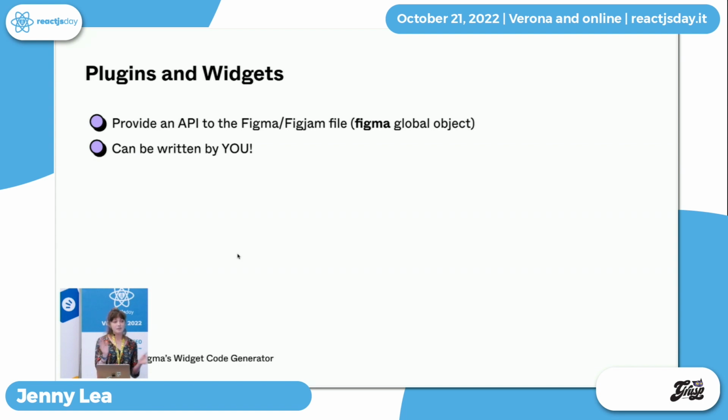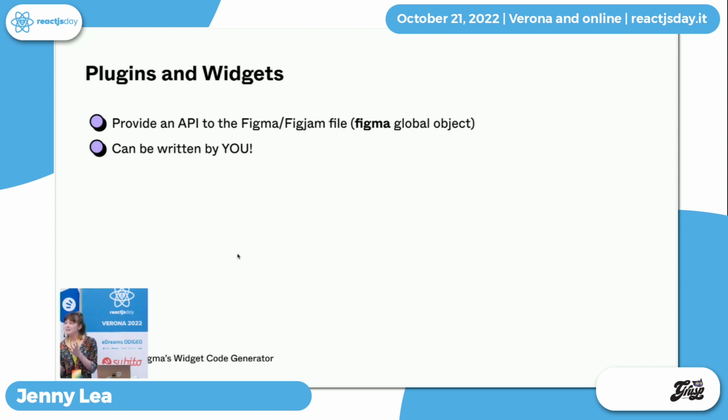So they both have different use cases, but there's some stuff that they have in common, which is that they both provide an API to the Figma or FigJam file using the Figma global object, which is provided at runtime, and we'll see an example of that in a moment. Basically anything you can do with the GUI, you can do with widgets or plugins.